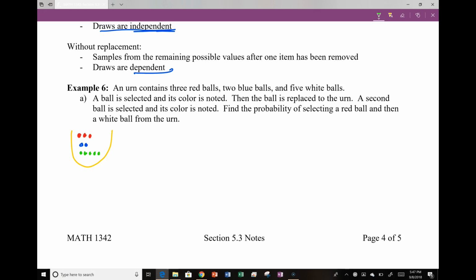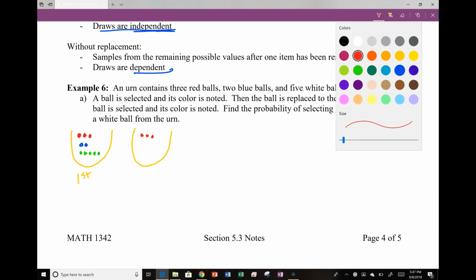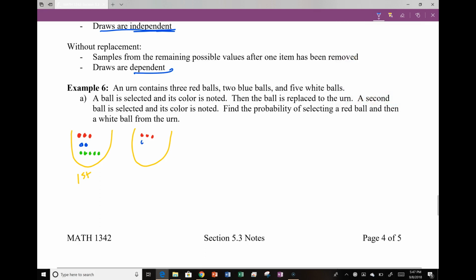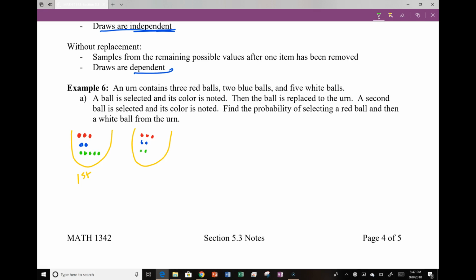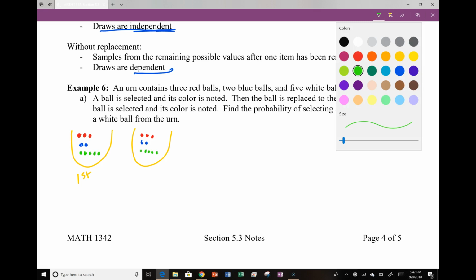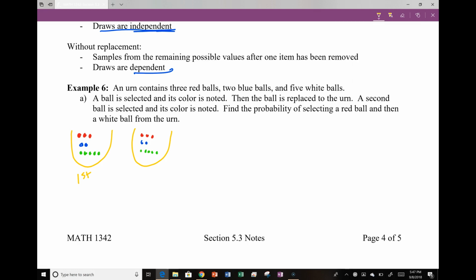Then the ball is replaced into the urn. So this is my first draw. My second draw, since I'm putting it back in, I'm going to have the exact same possibilities to look at. So I haven't changed my probability. These are independent events.